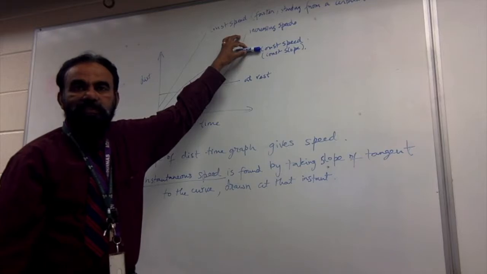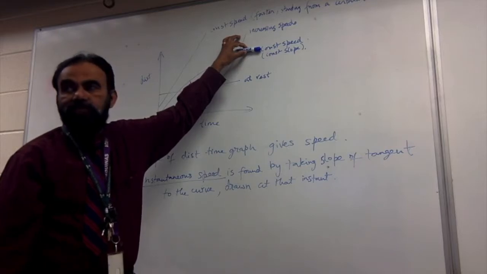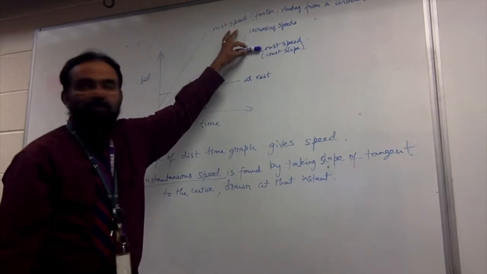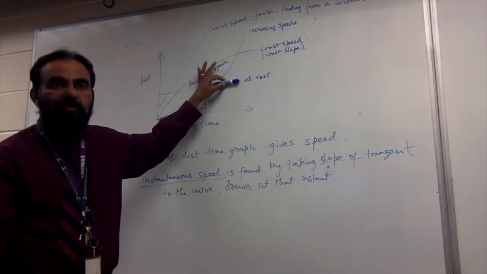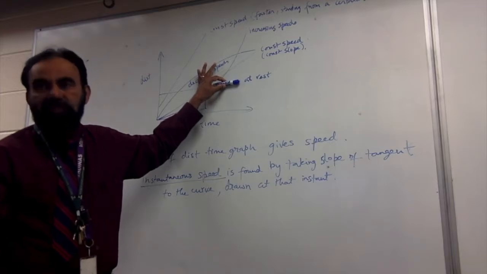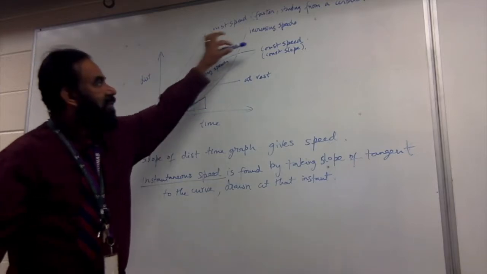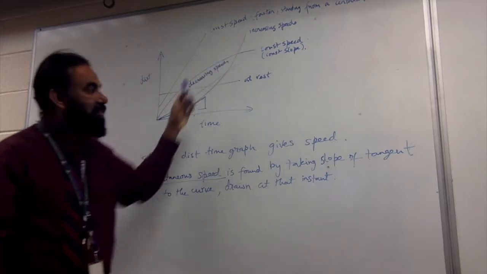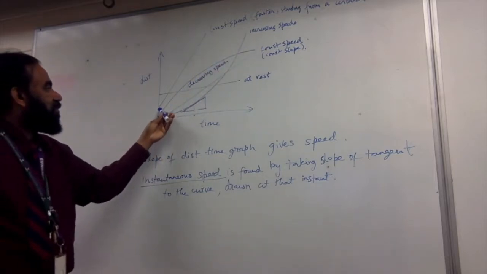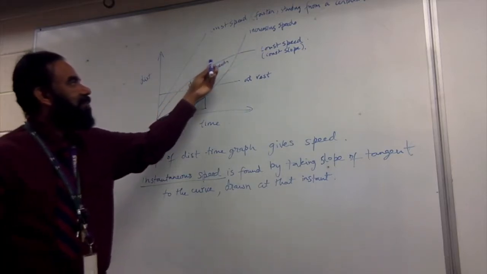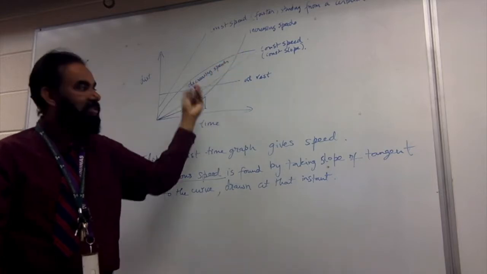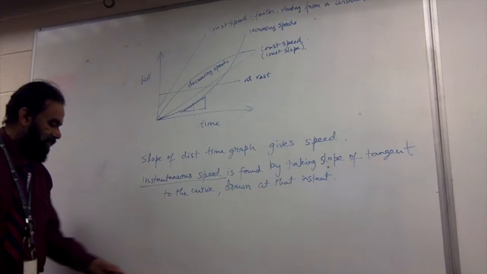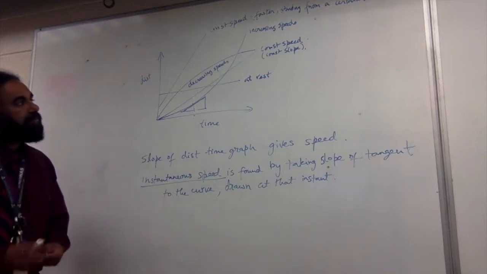What is the slope there? 0. This is horizontal, which means 0 slope, which means 0 velocity, which means at rest. Here it is horizontal also, which means the highest speed and then applying brakes and finally comes to a halt. A horizontal line on a distance time graph simply means coming to a halt.